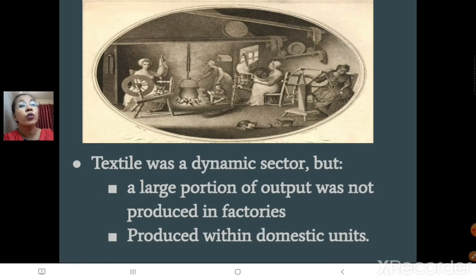Because most of the workforce was engaged in the traditional industry, and that was the textile sector. That is, a large portion of the output was produced not within the factories but within the domestic units. That is, at home, or we can say home-based production, like proto-industrialization.